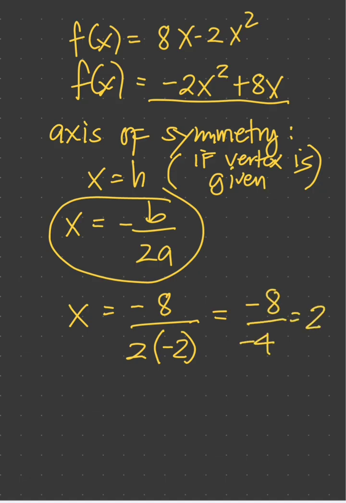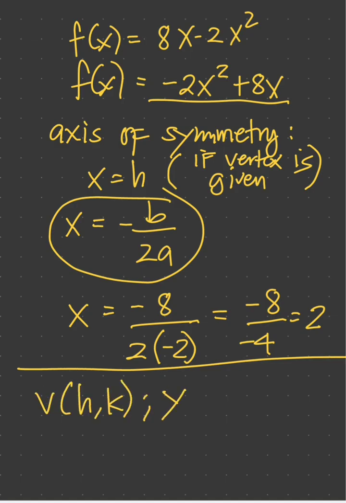So the axis of symmetry here is x equals 2. Next, you should write this in vertex form. Find the y-coordinate of the vertex. If the vertex is (h, k), the y-coordinate is equal to k.